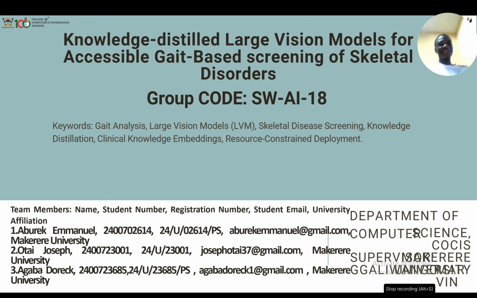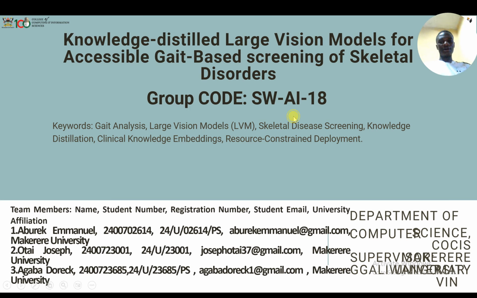Well, today we're going to look at a simple approach to our project, that is a knowledge distilled large vision model for accessible gait-based screening of skeletal disorders. For reference, here is our group code, SWAI 18.